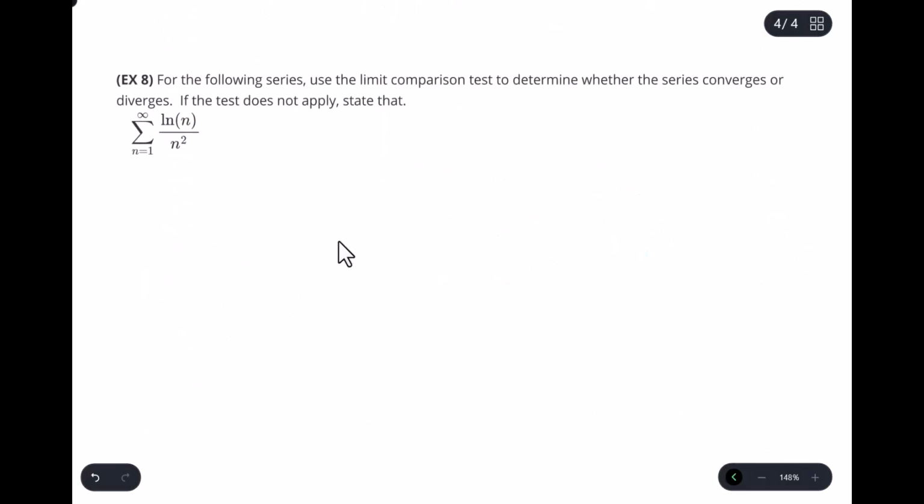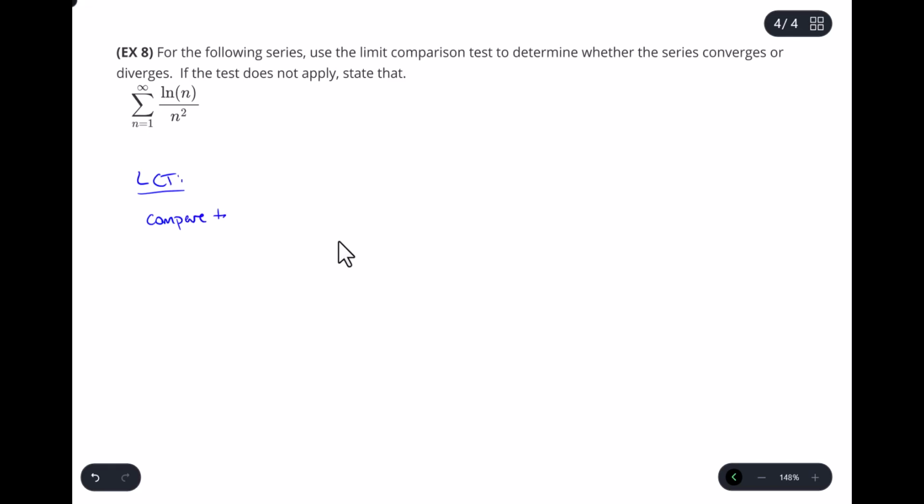All right, this next example, we have the series from 1 to infinity of the natural log of n divided by n squared. Okay, so probably the most likely choice that I would go with here, if I were to pick the limit comparison test, is to compare this to a p series of 1 over n squared.